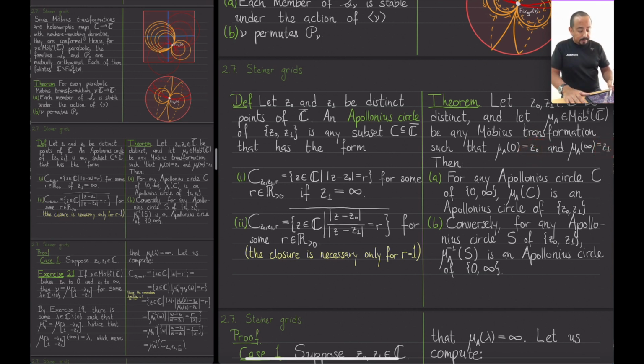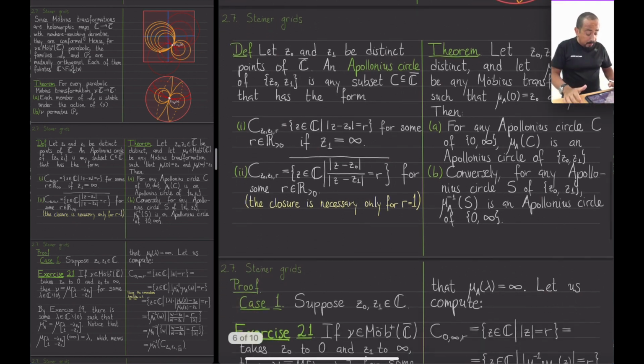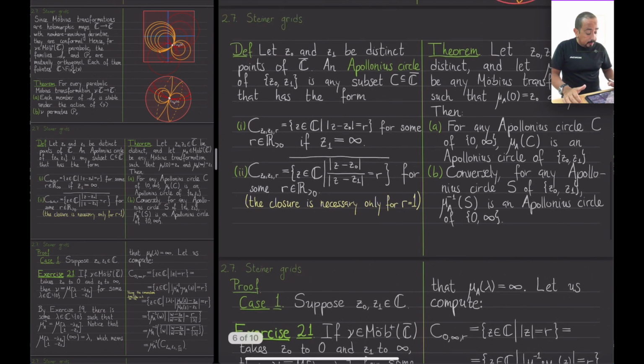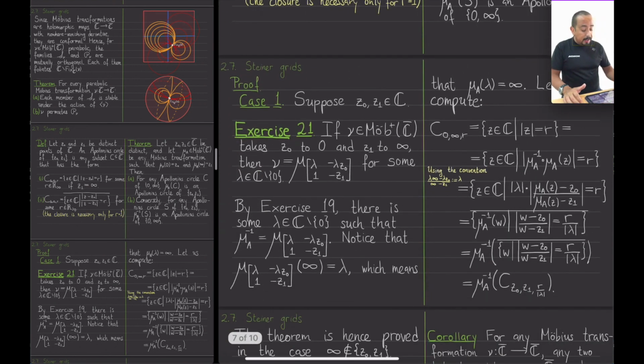But it's always nice to have a direct definition that doesn't require mapping them through a Möbius transformation. Okay, so that's the theorem, and we prove it. I prove it in the case where both Z0 and Z1 are finite, and I will leave it as an exercise at the end to see what happens when one of them is infinite.